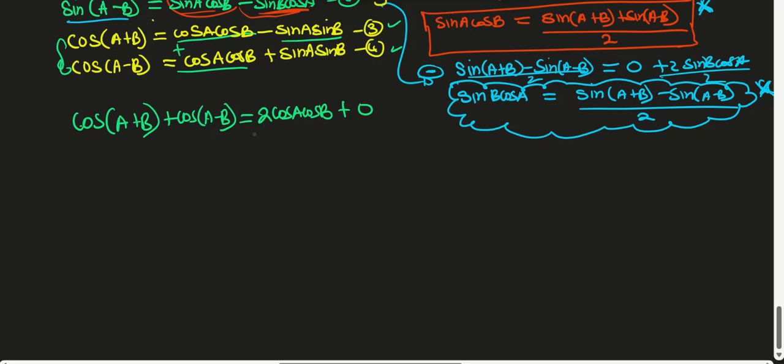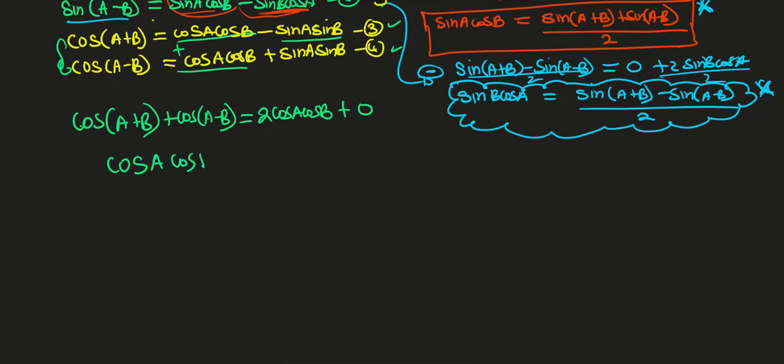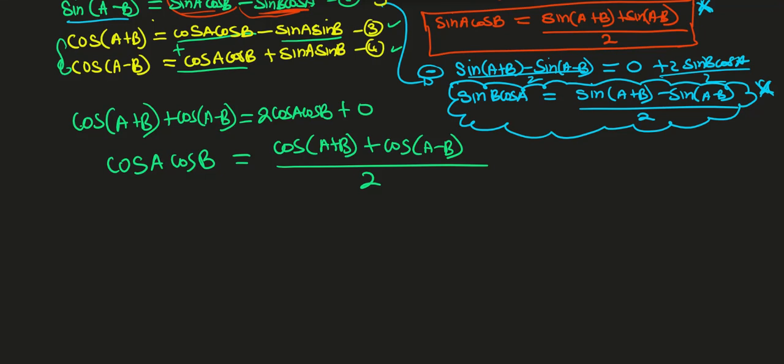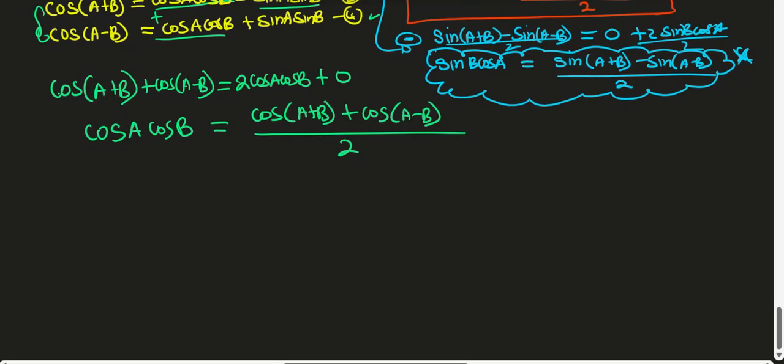Make cos A cos B the subject of the formula. Divide everything by 2, and we get cos A cos B is equal to cos A plus B plus cos A minus B, all divided by 2. This is a nice one.